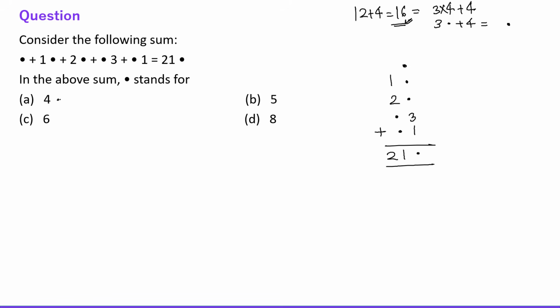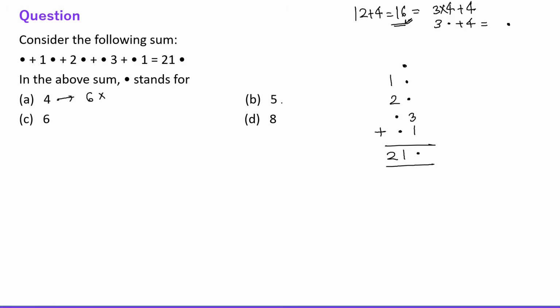If I'm taking dot equal to 4, then I'm getting unit digit as 6, which is not possible, because 4 plus 4 plus 4 is 12, 12 plus 4 is 16. So 6 will be coming over here, but the value of the dot is 4.